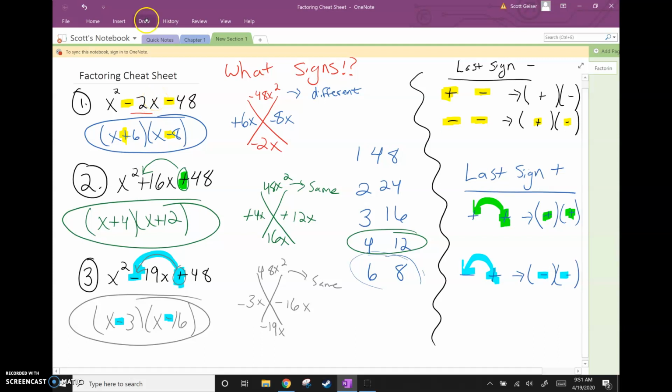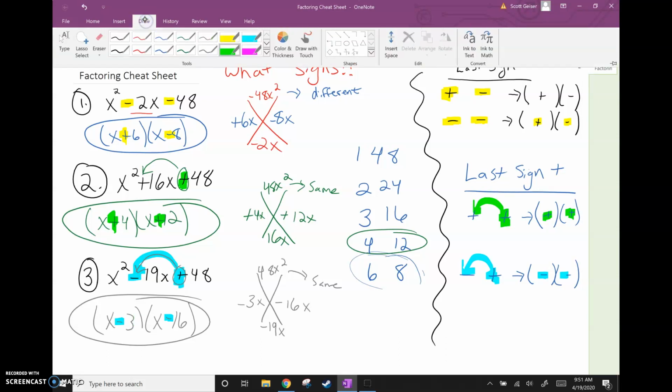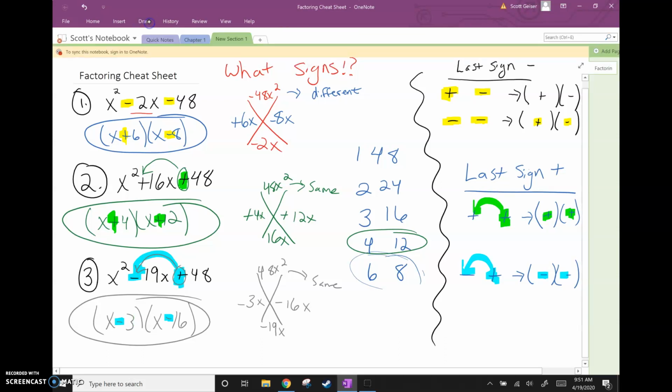Last one positive, they will both be the same. Positive, positive, we just have positive, positive. Last one positive, that tells you they're the same, I'd have negative, negative. So this on the right side here, if you were to write that down, that could be helpful if you struggle with getting your signs.